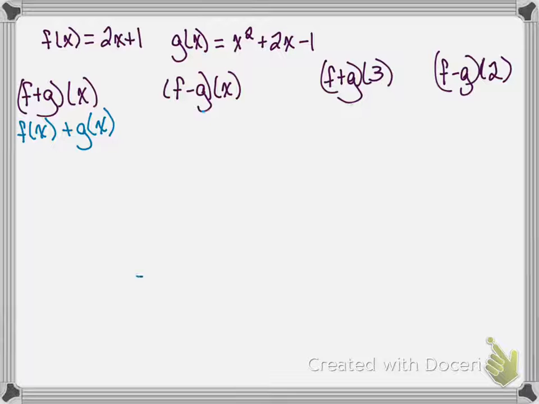F of x is 2x plus 1. G of x is x squared plus 2x minus 1. Now, I put parentheses around these so that I can clearly distinguish which one was f of x and which one's g of x. Do I have anything that I need to distribute?